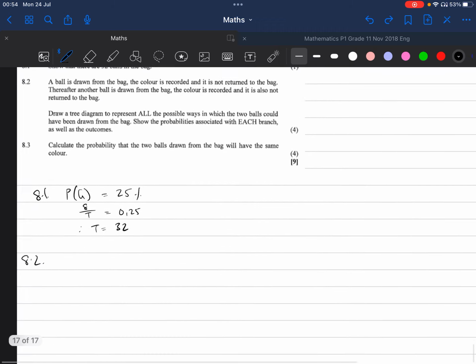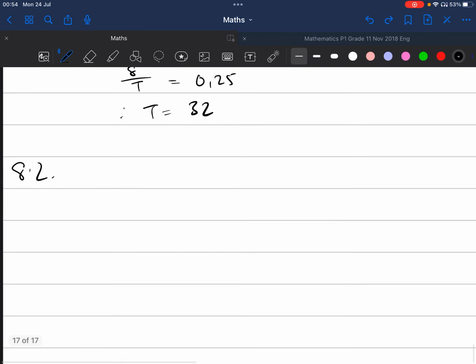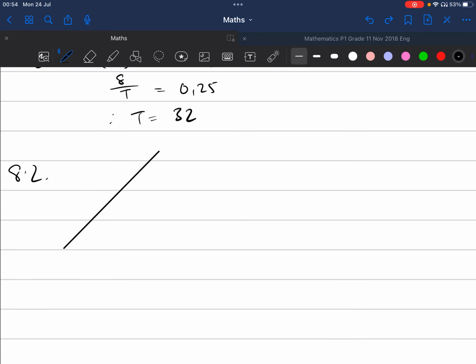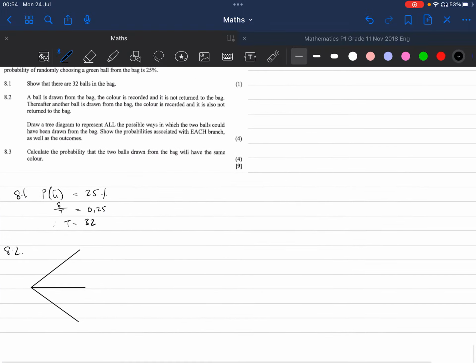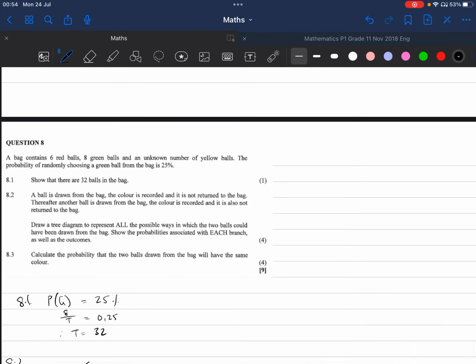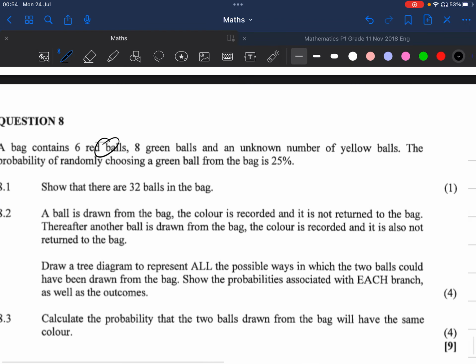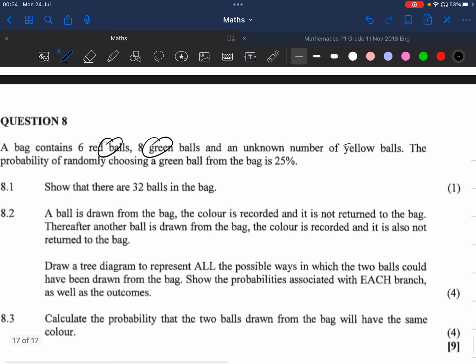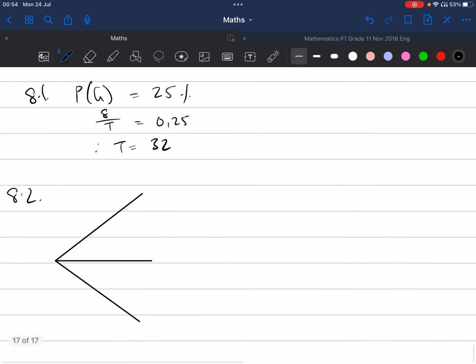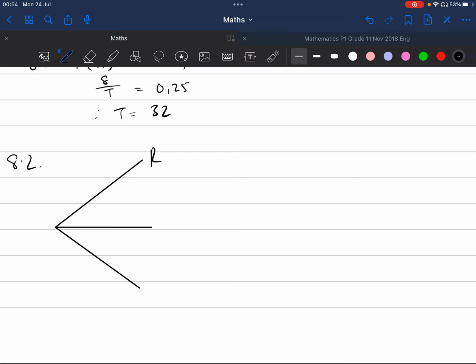Okay, so let's think about this, right? When I initially start, I have 3 options, well, there's 3 outcomes that could happen, let's say rather. I can either draw a red or green or yellow. Okay, so red, green or yellow.